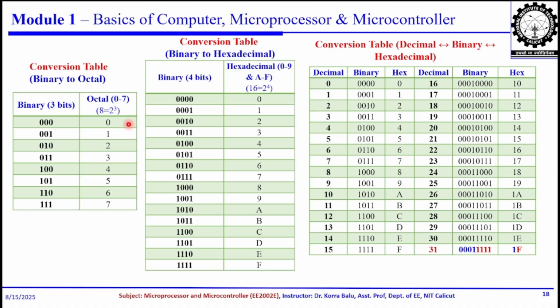In the octal system each digit has 3 bits, and the total number is 16.